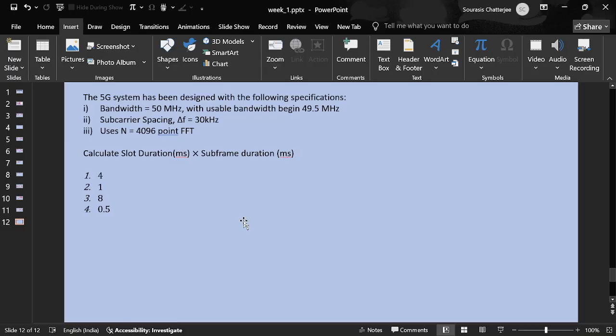So we have this last question, and since we have discussed this pretty well, what should be the answer here? The slot duration and subframe duration, the product of it.